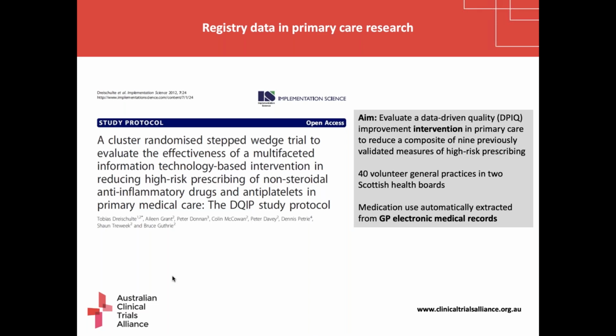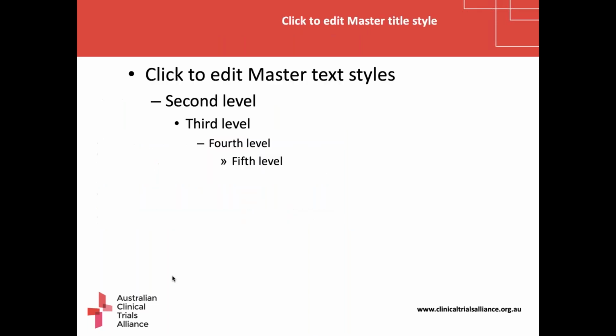The target was to reduce high-risk prescribing. The outcome measure was medication use, and that was automatically extracted from GP electronic medical records. So that just illustrates an example of using registry-based data in primary care.